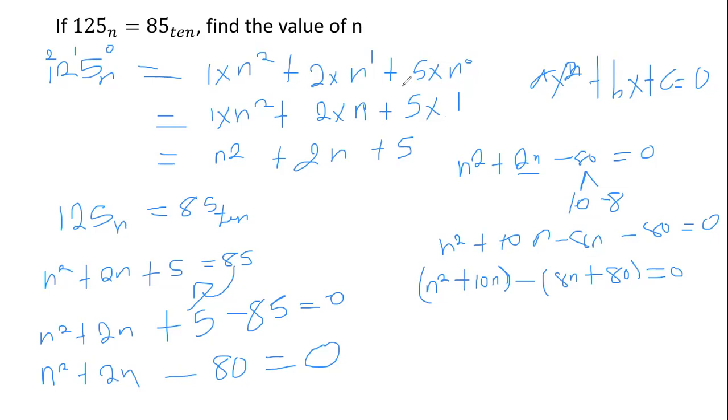It would be n. So we shall have n into n plus 10. When we take away the n from n squared, we remain with n, and from 10n, we remain with 10. What is the common factor in the second bracket?